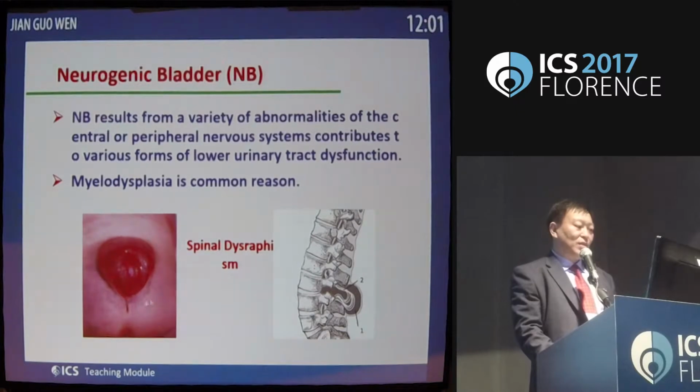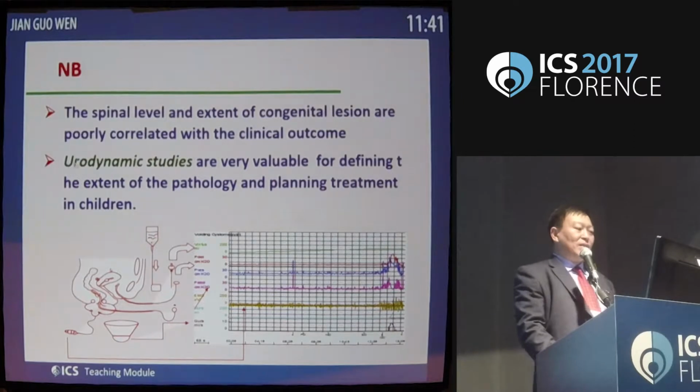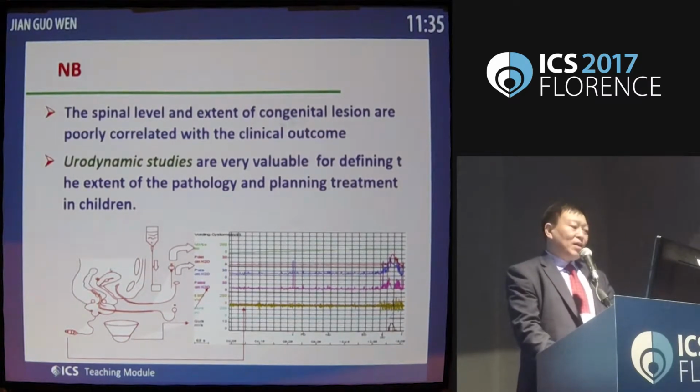In children, it's well known that most neurogenic bladder is due to spinal abnormalities, for example spina bifida or myelomeningocele. This results in bladder dysfunction. In clinical practice, we know the spinal level and the extent of the congenital lesion are poorly correlated with the clinical outcome.